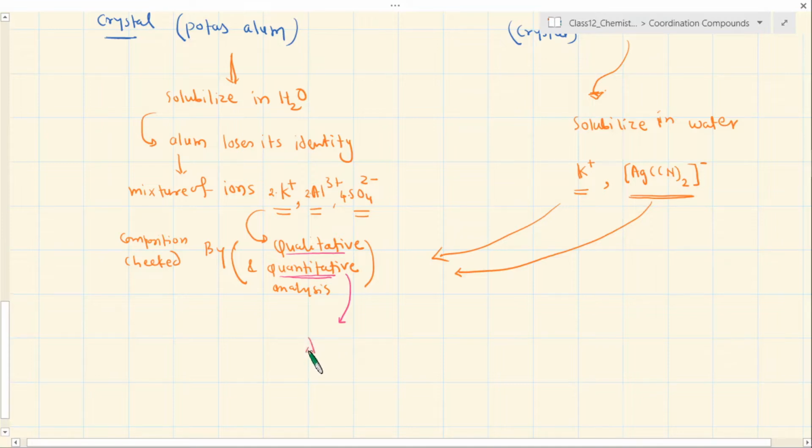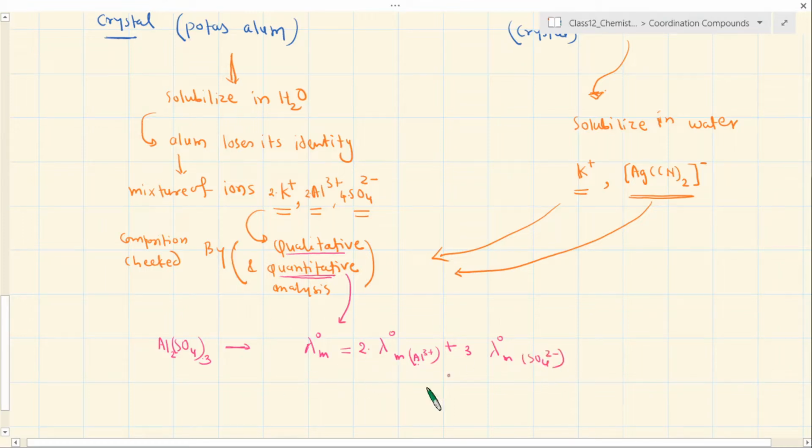You remember the parameter lambda m0. For example, if you write lambda m0 for Al2(SO4)3, which is the limiting molar conductivity for the aqueous solution of this salt, it can be written down as twice the limiting molar conductivity of aluminum ions, plus thrice the limiting molar conductivity of sulfate ions.